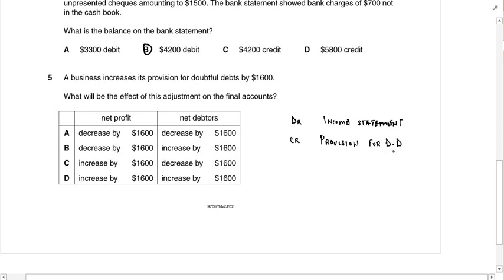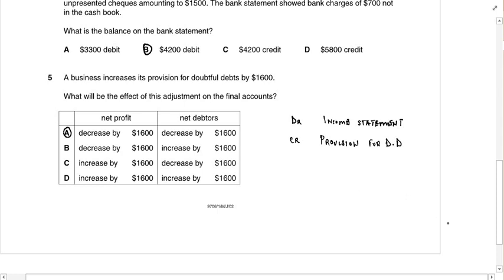Crediting provision for doubtful debts, the provision will be increasing, and this amount will eventually be deducted from the trade receivables figure. So we will be decreasing the profit because we've debited the income statement, and decreasing our debtors because the provision for doubtful debts would have increased. So the correct answer there is A, where we decrease net profit by 1,600 and decrease our net debtors by 1,600.